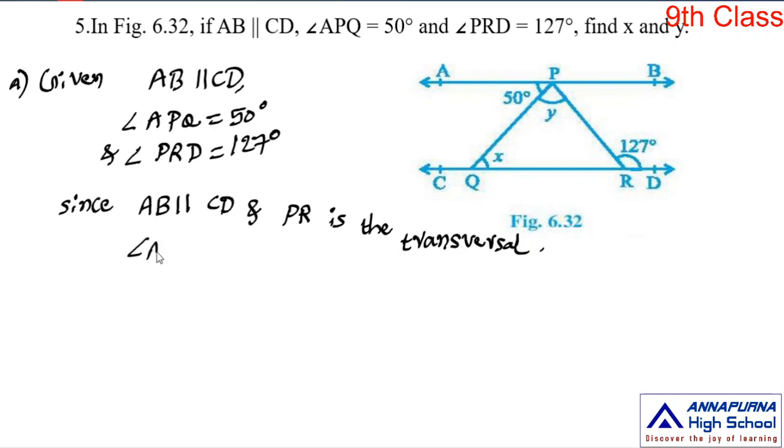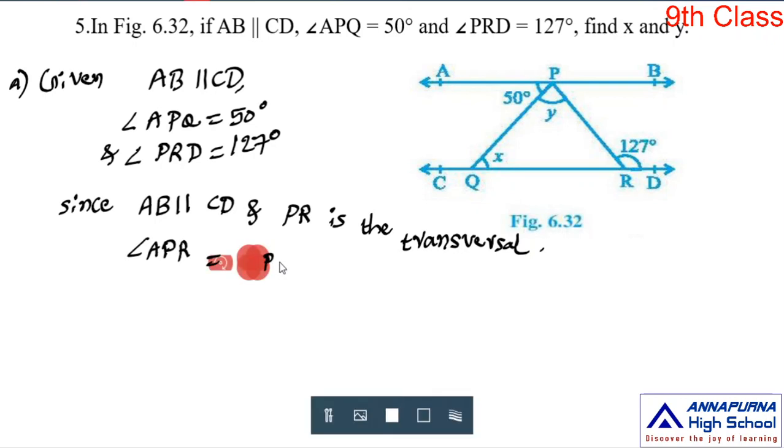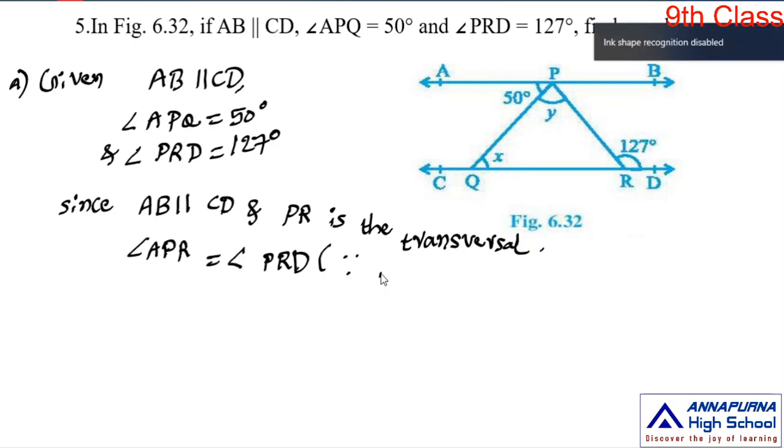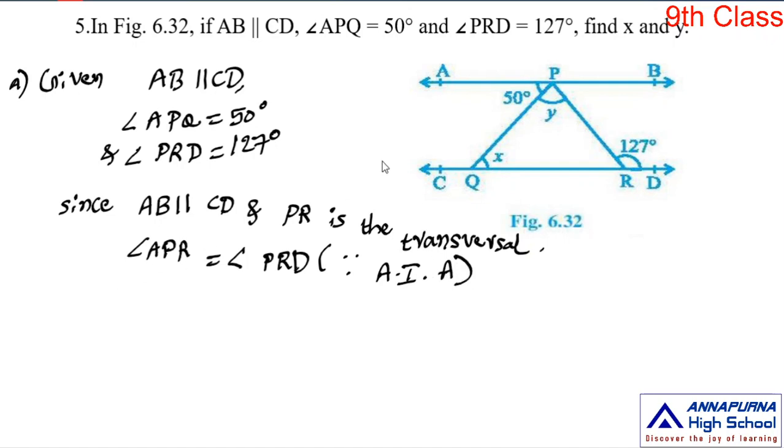So angle APR is equal to angle PRD, since alternate interior angles. Angle APR is equal to 50 degrees plus Y. See the figure.